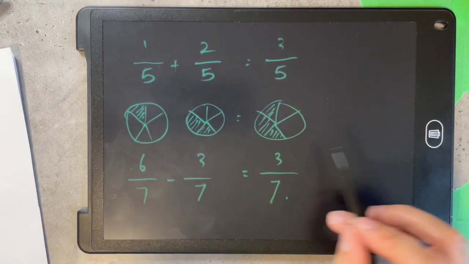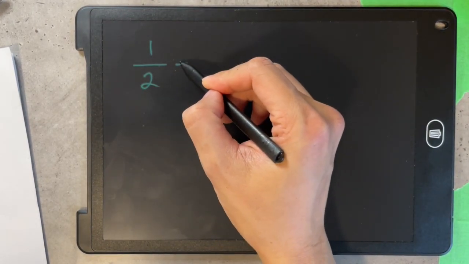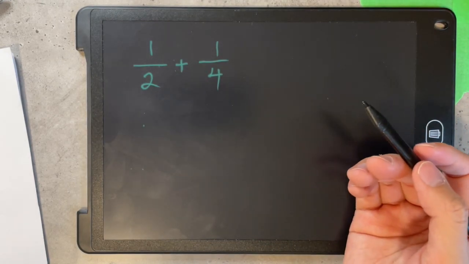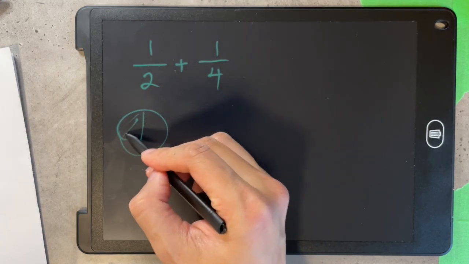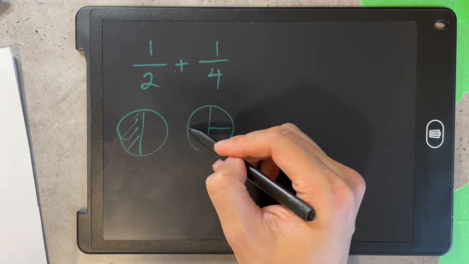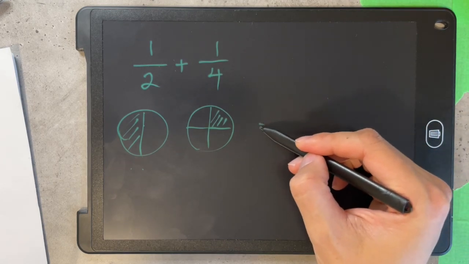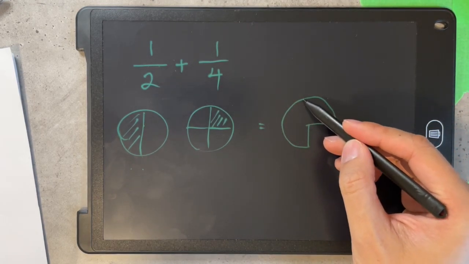Now what happens if the denominators are different? Let's say I have a half. I want to add a quarter to it. How do I do that? Well, visually, I'm adding a half to a quarter. If I put them together, I technically get something like a Pac-Man, right?